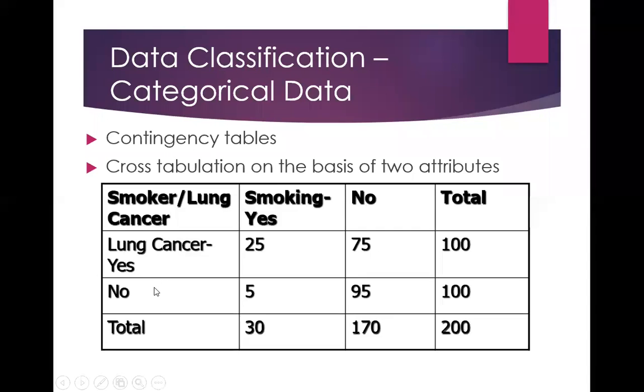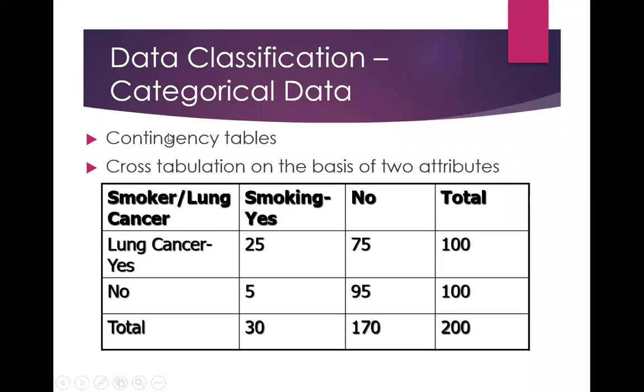So there are two options for smoking, yes and no. It is here column wise, and similarly lung cancer may be present or absent. So there are these two attributes which are associated with each of the observations. So you can classify them on the basis of these two attributes simultaneously.